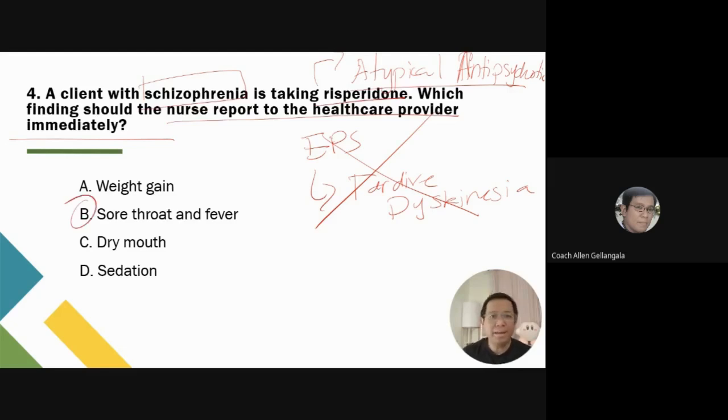Sir, why not weight gain? Okay. The trade-off with atypical antipsychotics not causing EPS is metabolic changes. So it affects the actual metabolic coordination of the body. That is why weight gain and insomnia could be a big problem for some.